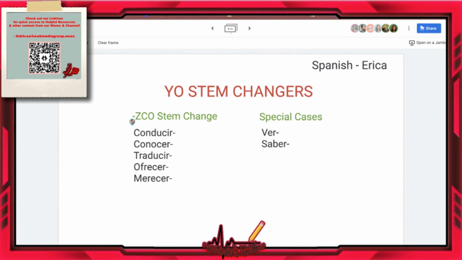These are kind of nice because they have somewhat of a pattern to them. As you'll notice with all of these verbs, they're all IR and ER. They have a C, like conducir or conocer, they have that cer or cir. So that's kind of how you're gonna recognize these.